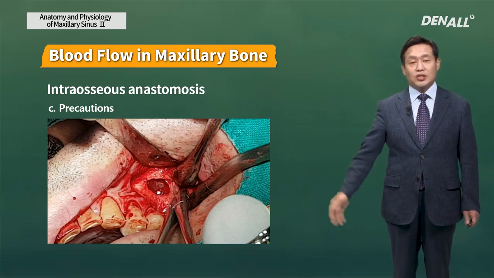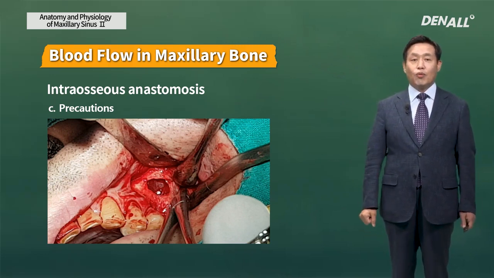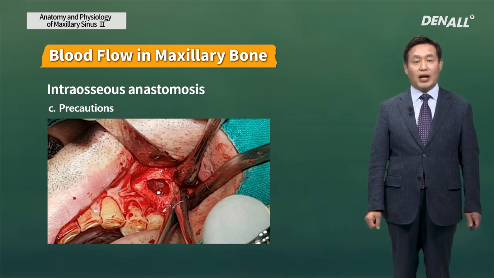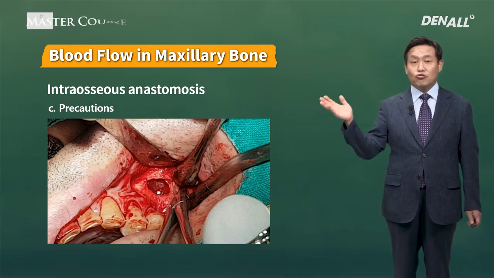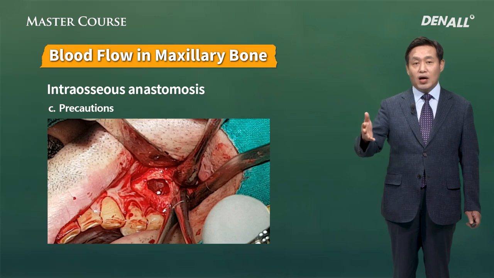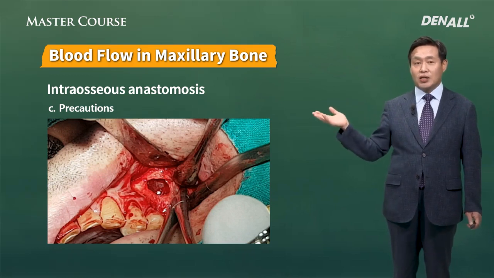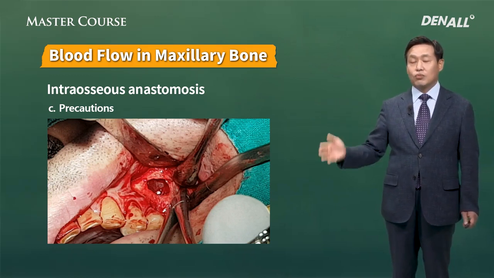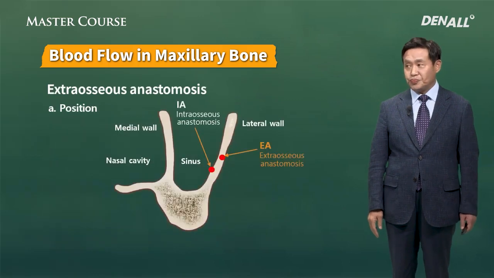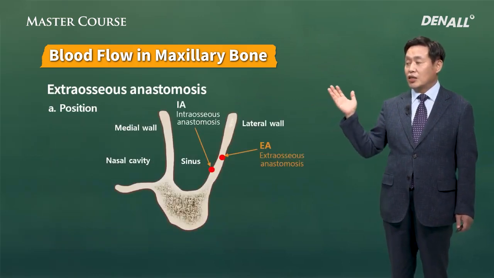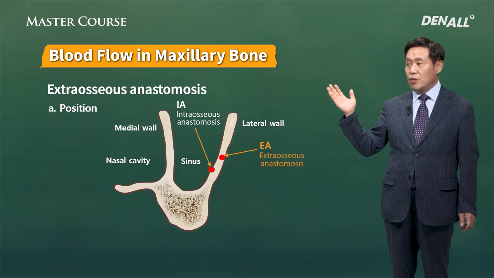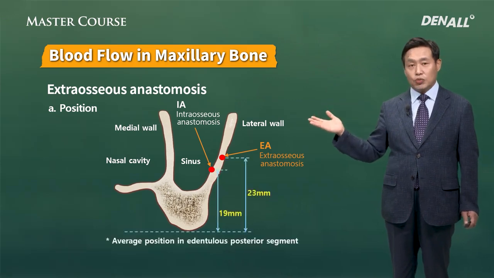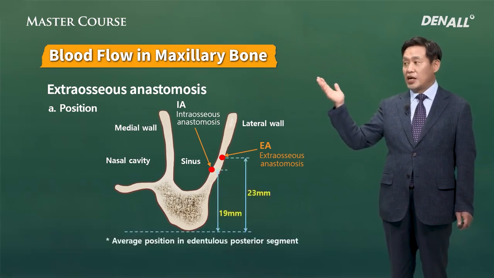People ask me why it is called anastomosis instead of an artery. As you can see, the two vessels in the front and at the back are connected. Anastomosis. As to the extraosseous anastomosis, as I said before, it is a little bit higher than the intraosseous anastomosis.